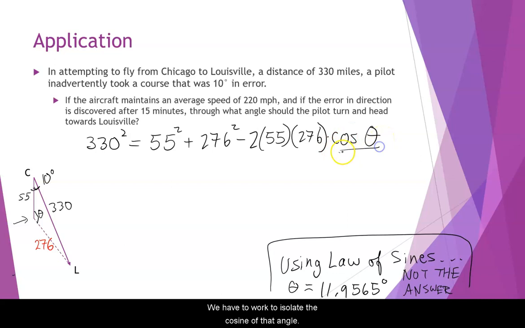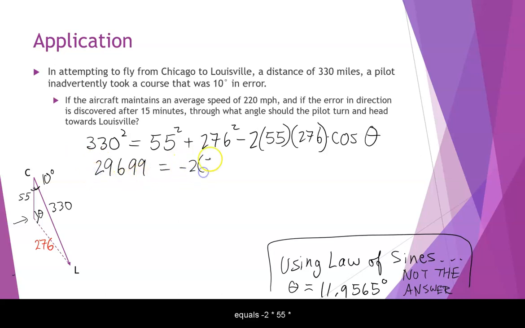We have to work to isolate the cosine of that angle. Since 55 squared and 276 squared are just added in, I'm going to subtract them out. I end up with 29,699 equals negative 2 times 55 times 276 times the cosine of theta.